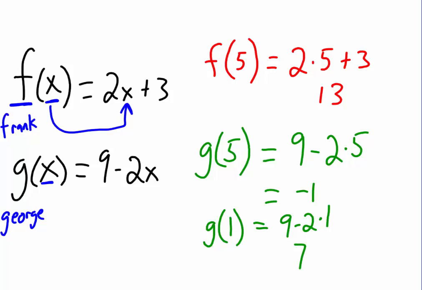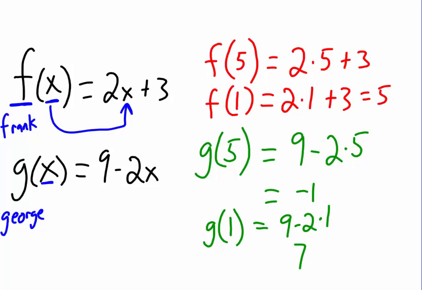I wonder what would happen if we gave Frank $1. So I'm going to go up here to Frank real quick. And in fact, I'm going to have to just kind of erase a little bit there. So if we gave Frank $1, then that would be 2 times 1 plus 3. Okay, 2 times 1 is 2. Then a plus 3 is 5.